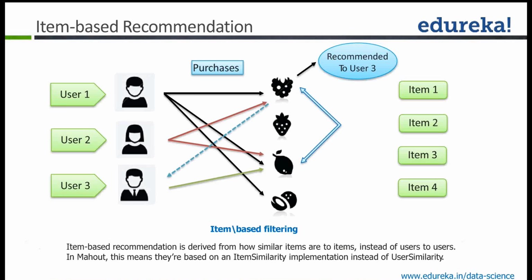Now, given this data, you need to recommend some fruits to a particular user, user 3. How would I do that? In the context of item-based recommendation, I construct an all pair similarity between all the items.